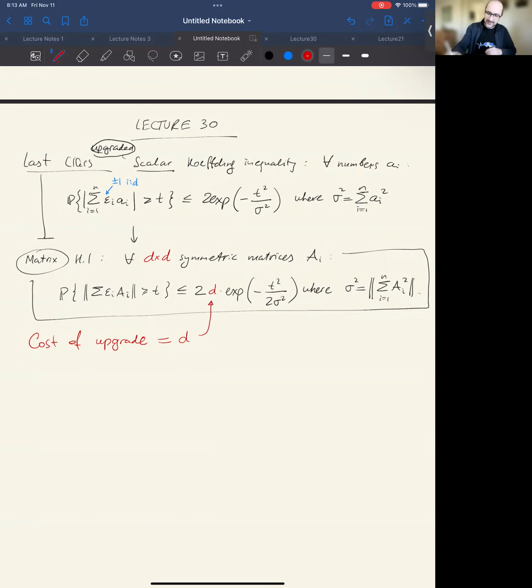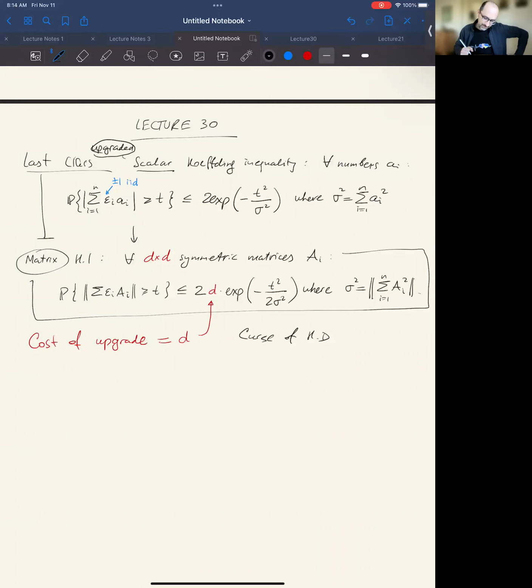Is it big? Is it too bad, or is it good? Well, it's linear in dimension d. The real question is, do we have a curse of high dimensionality? Is it so bad that in higher dimensions this is useless or not? What do you think?